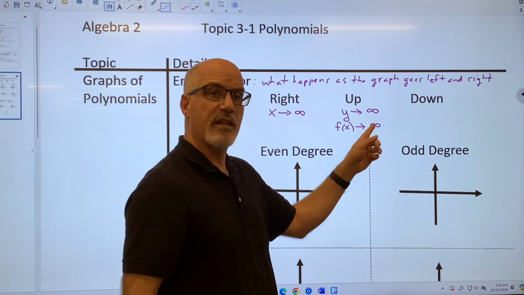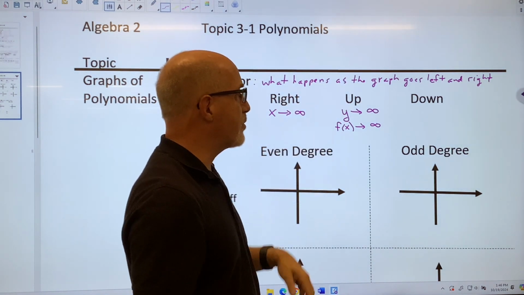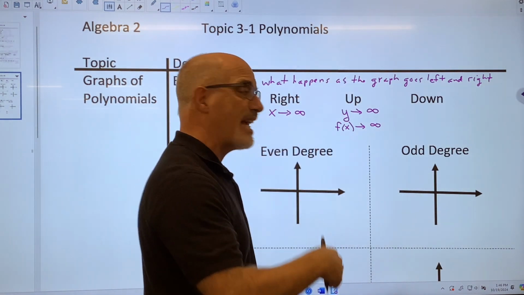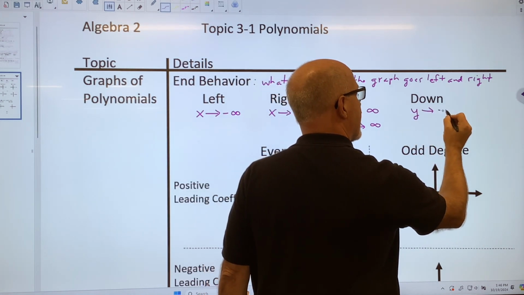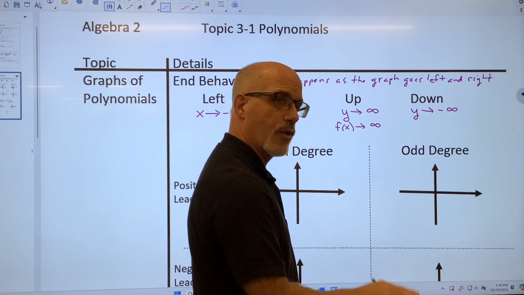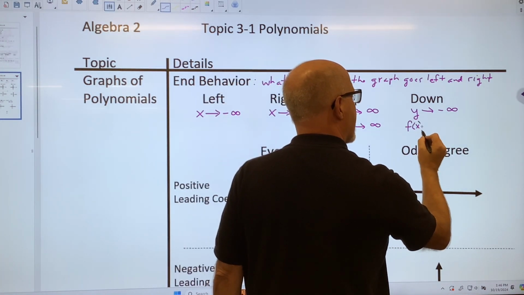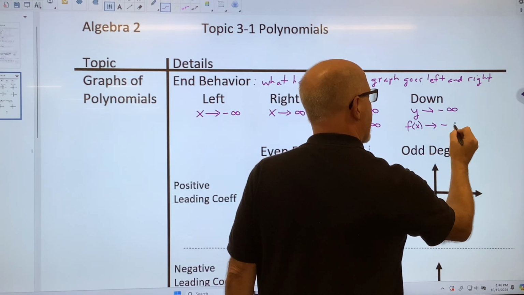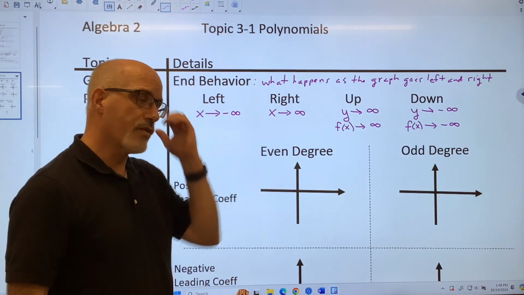Y goes to infinity means that the function is going to infinity. So interpret those the same way. Going down means that the y is going to negative infinity. As we go downwards, that's to negative infinity for the y value. And also we might list it as f of x goes to negative infinity, which would be the same way to write that.